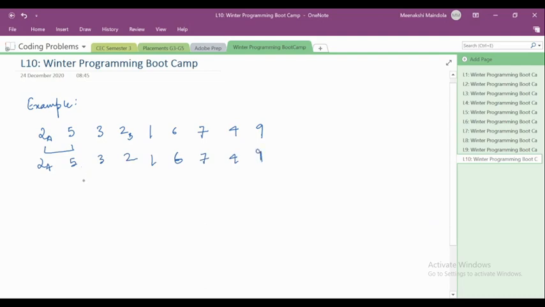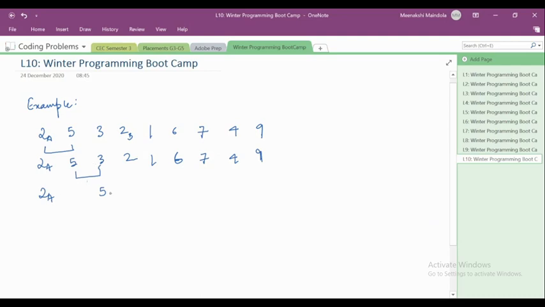Now you compare the next two elements and you see that 3 is less than 5 and it should come before 5 in the sorted array. So you first copy 5 to its position, and in a temporary variable you store the value 3 and first compare it with 5.